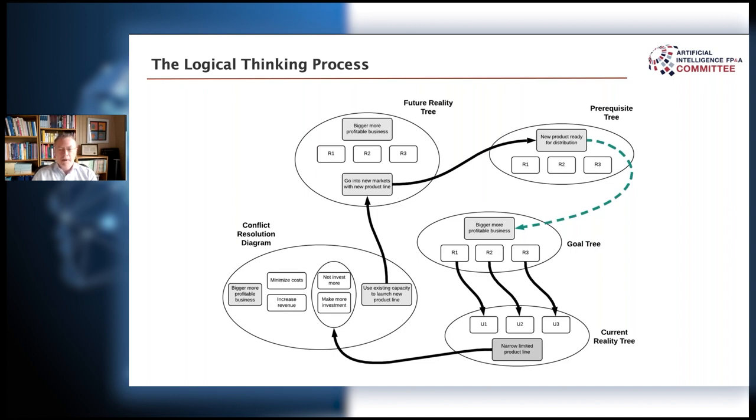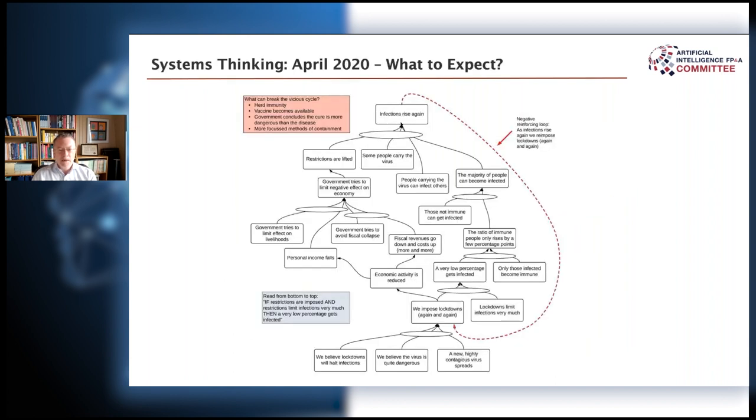I'm just going to give you a little example of what we mean when we talk about systemic analysis. Think back to the spring of 2020. We had COVID, we had lockdowns, and in the spring, people started to be more optimistic.